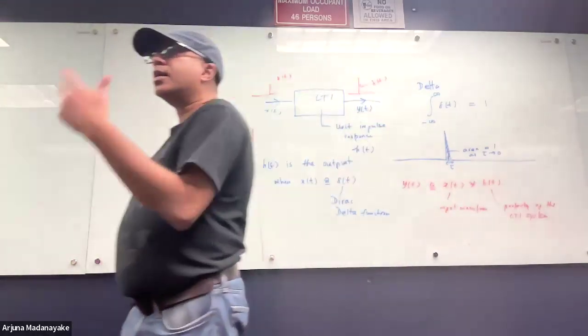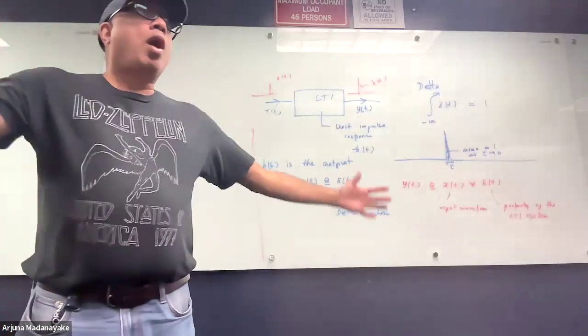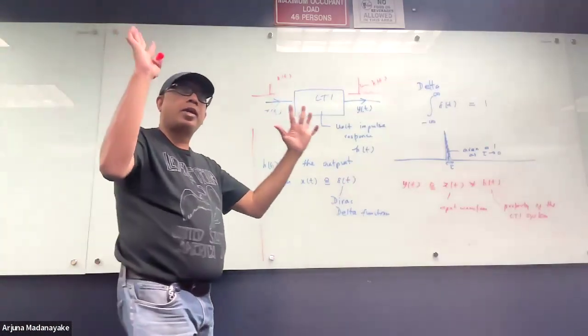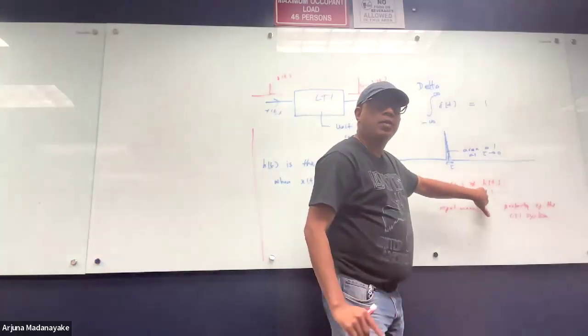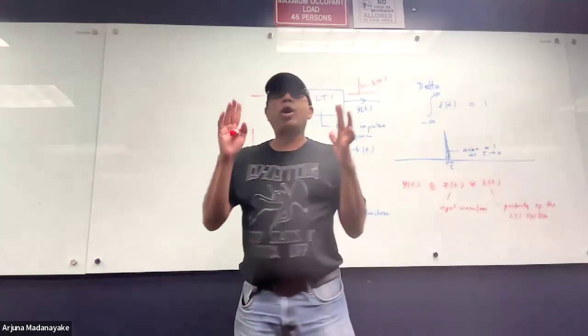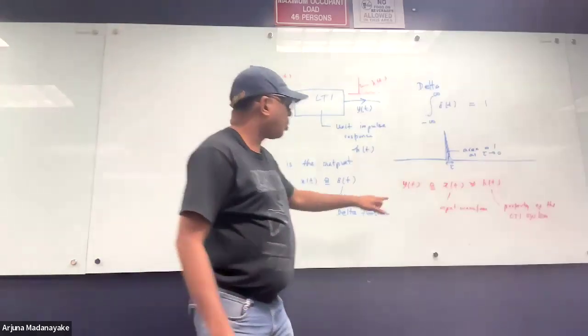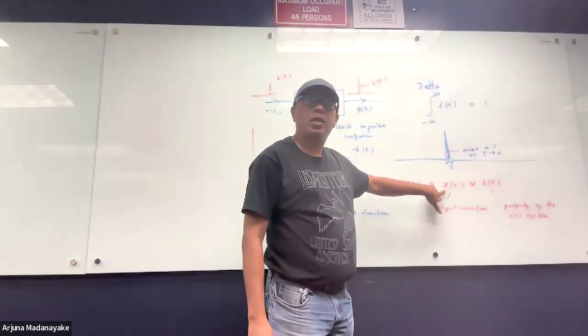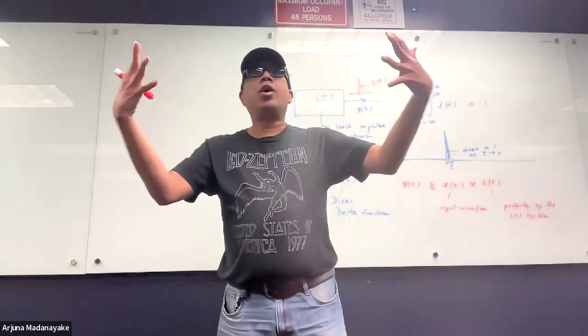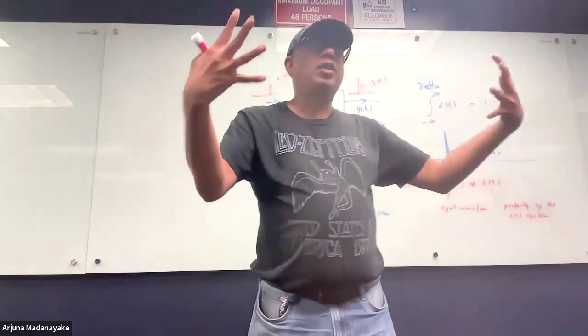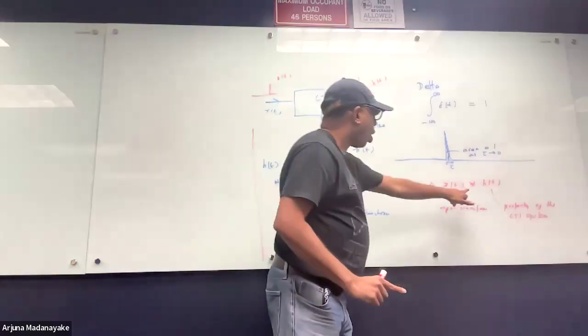Stated in a different way, you have a behavior of the system captured mathematically in the small h of t, you have a behavior of an input signal captured mathematically in the function x of t, and you want to marry the behavior of the input with the behavior of the system, and that's done through convolution.